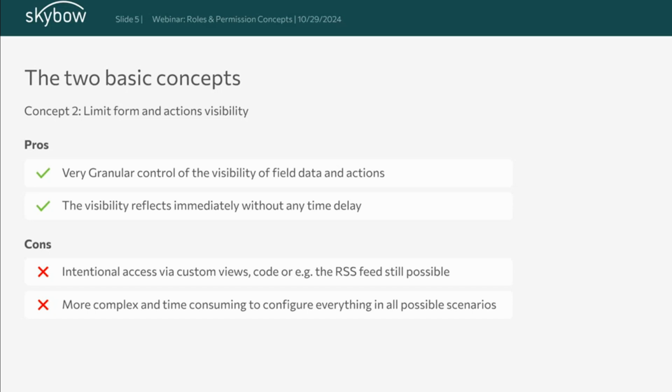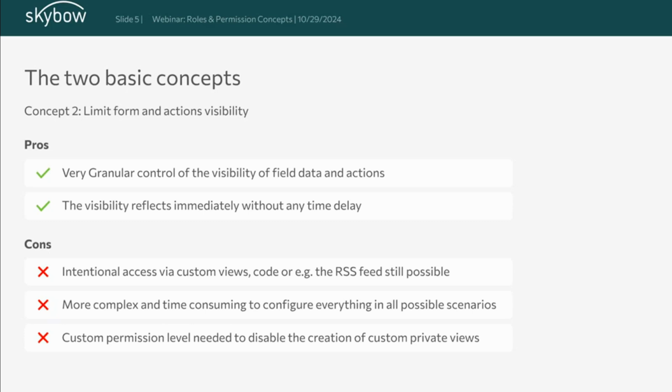Also, it's quite complex and time-consuming to configure all these places, what you want to show and hide, and all the scenarios. But that's a downside. And for the case where you really want to limit people from creating additional views: with normal permissions like contribute or edit, people would have access to create their own private views.